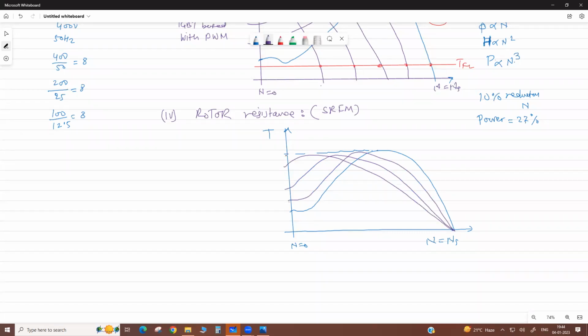So at starting, we can get maximum torque, T maximum, also at starting.